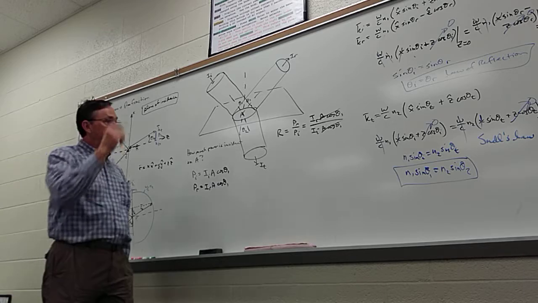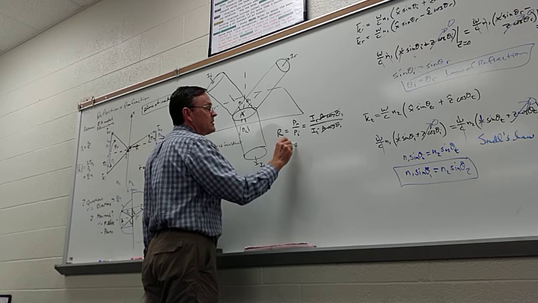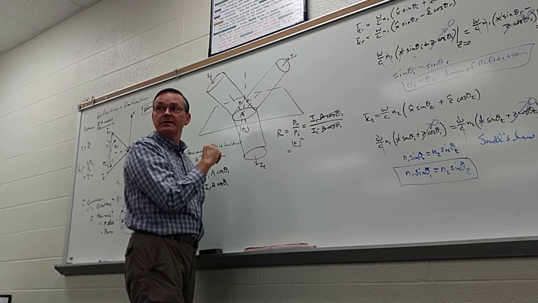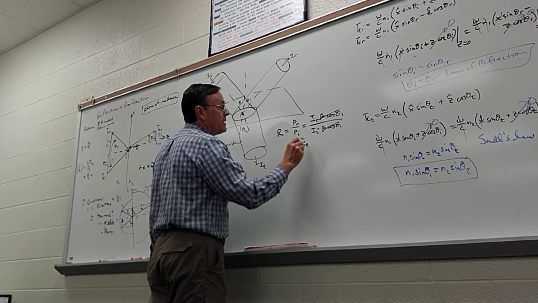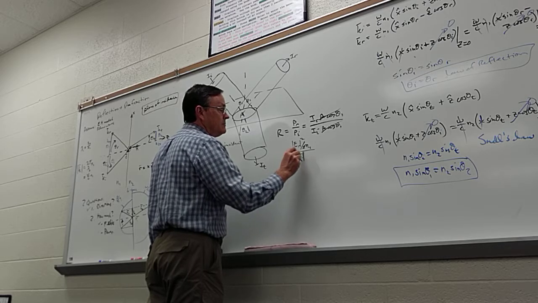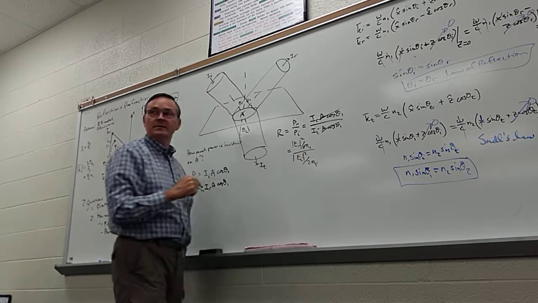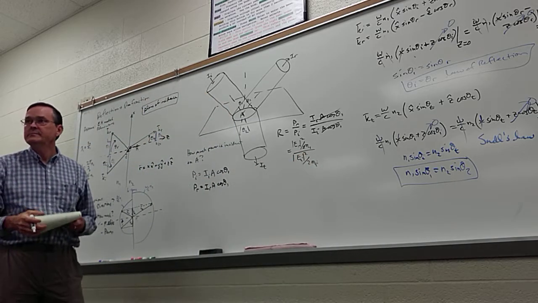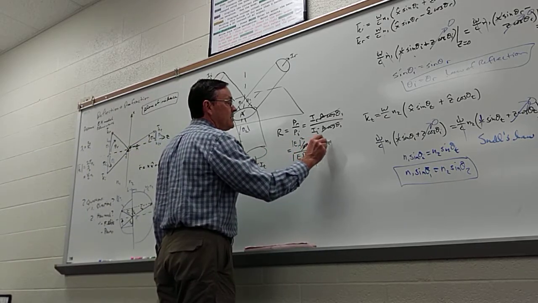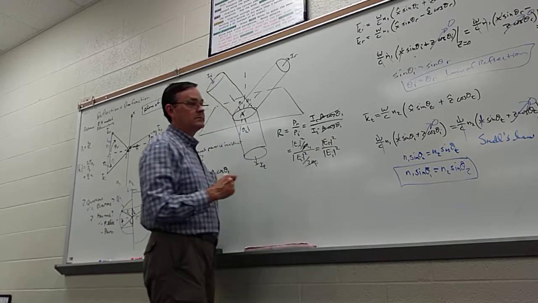And then I can substitute in for the irradiance. The irradiance of the reflected is going to be the magnitude squared of the reflected field divided by 2 times eta 1. And similarly for the incident, eta 1. Right, we're good with that? Okay, and the 2 times eta 1 cancels. That leaves us with the magnitude of E_R squared over the magnitude of E_I squared.